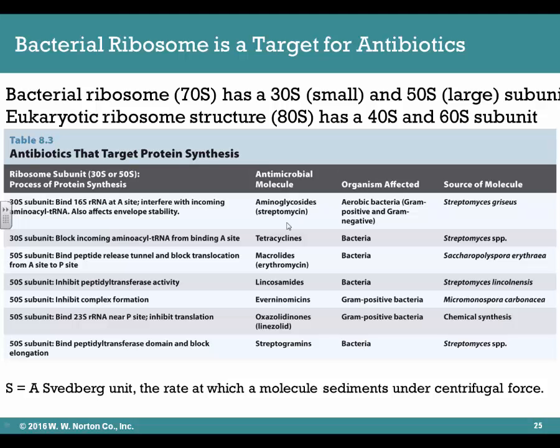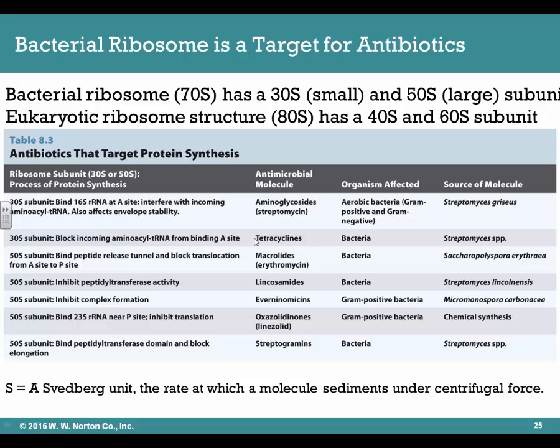Okay, so just quickly going down, aminoglycosides, like streptomycin as one example, bind the 30S subunit of the bacterial ribosome and block it, and interfere with that step of elongation that requires an aminoacyl tRNA to come in.